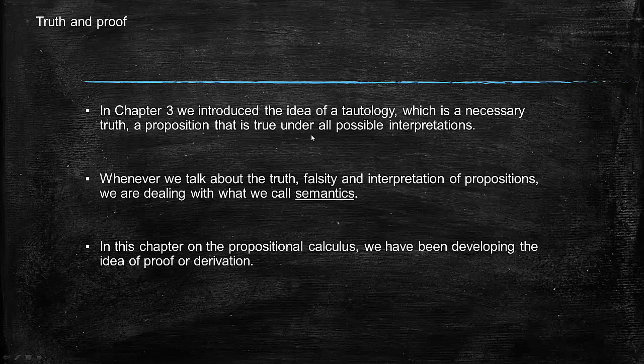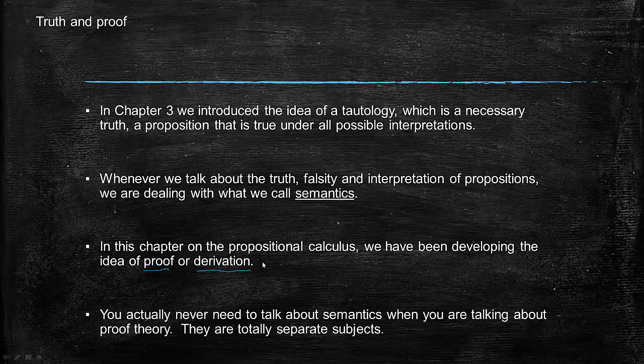We've been developing the idea of proof or derivation and developing a system, the propositional calculus, for doing proofs. So it's interesting that you never need to talk about semantics when you're talking about proofs or proof theory. In logic, they're totally separate subjects.